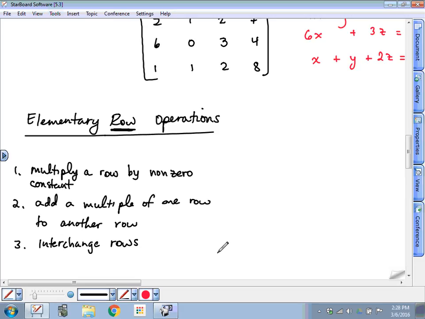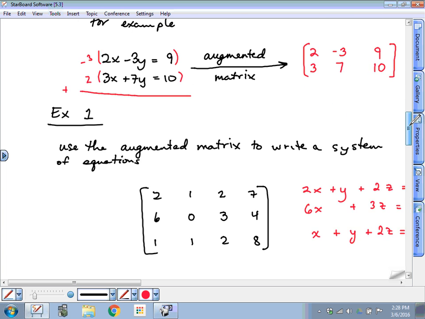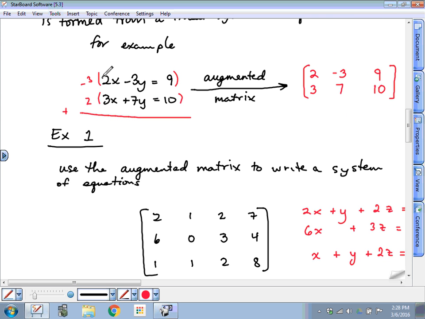So as you recall, in the world of matrices, a row represents an equation. So you can add a multiple of one row to another row. Now the third one, interchanging rows. Going back up here, if I were to take this top equation and change it so it was at the bottom, you would still have the same system of equations. I'm just taking the top equation and moving it underneath, so now it's the bottom equation.